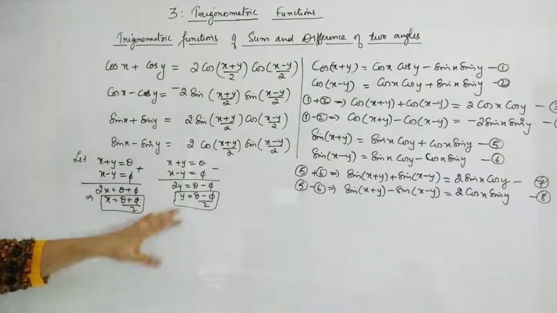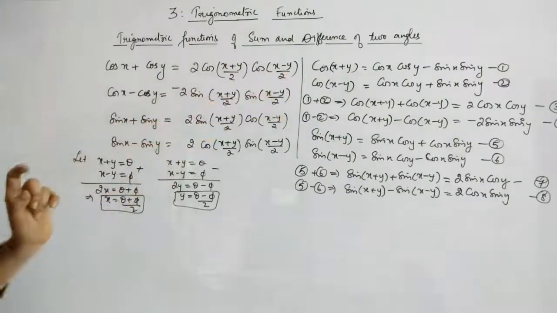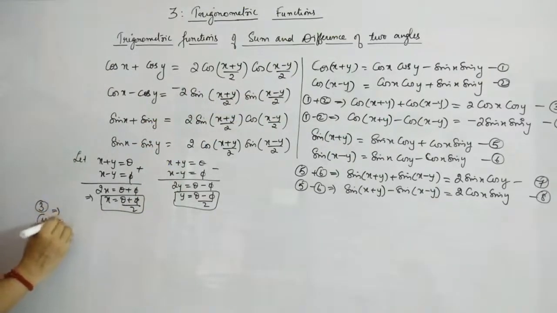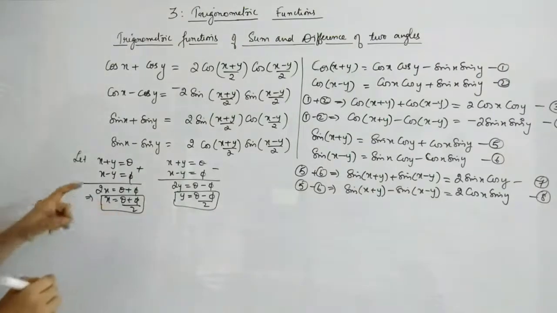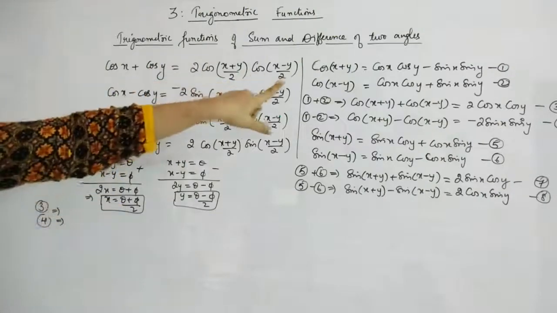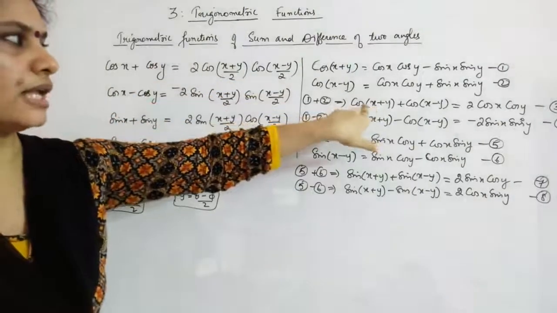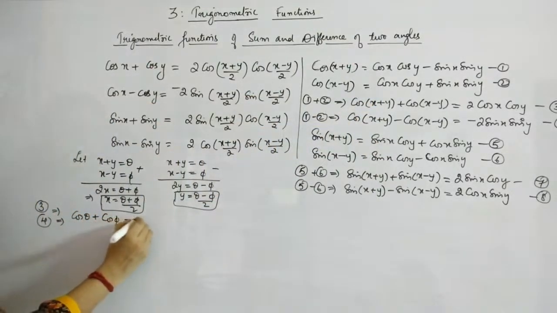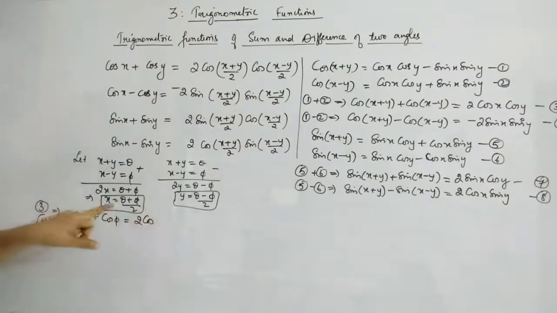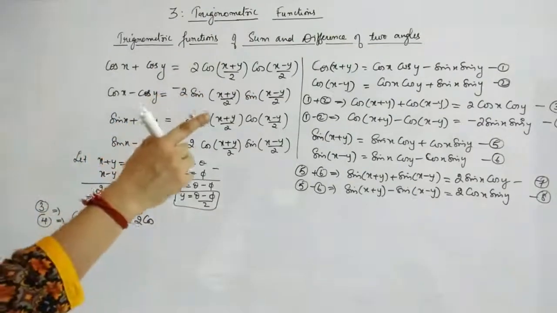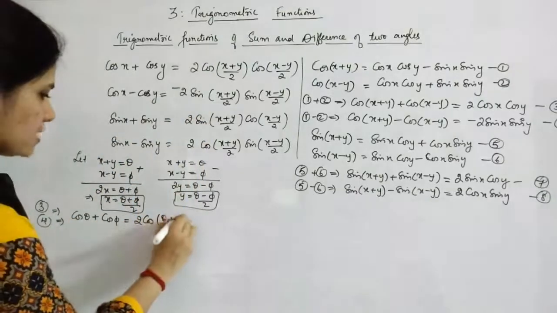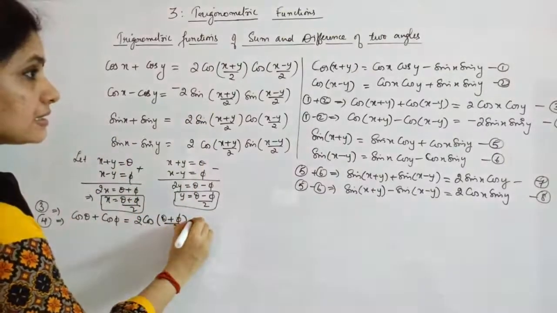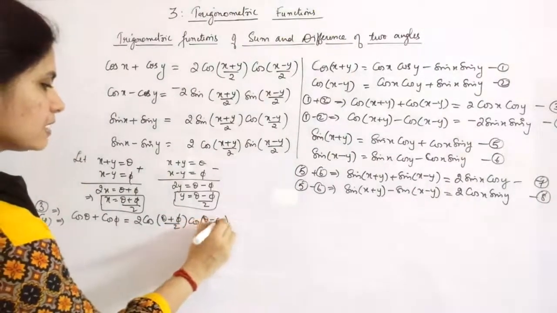So what I am doing is just replacing the values in which equations? I'll tell you: in 3, 4, 7 and 8. Equation 3 will become, when x plus y is taken as theta, cos theta plus cos phi is equal to 2 cos of (theta plus phi) by 2, because x is there, times cos of y, which is (theta minus phi) by 2.